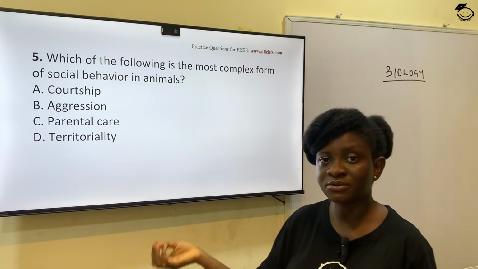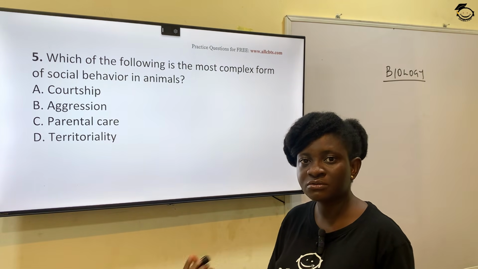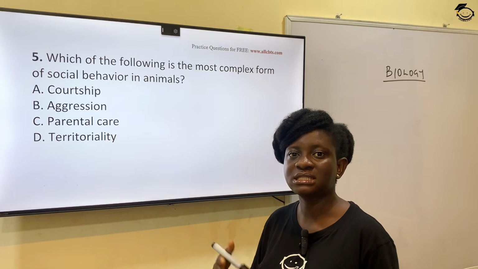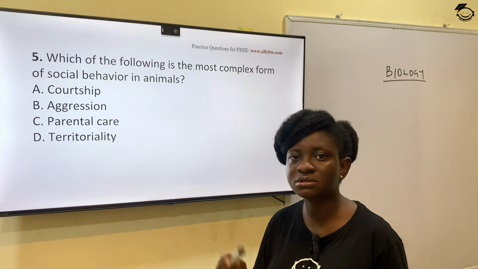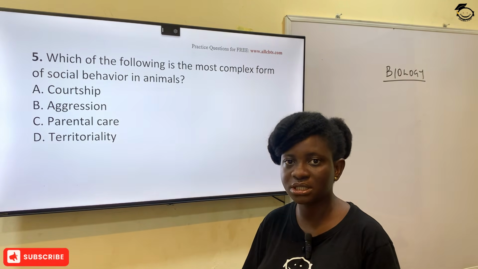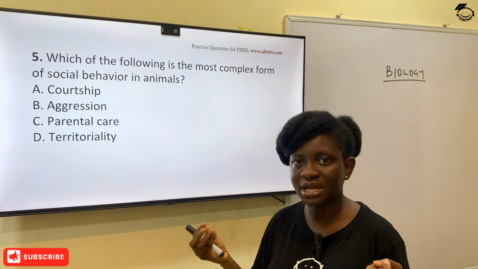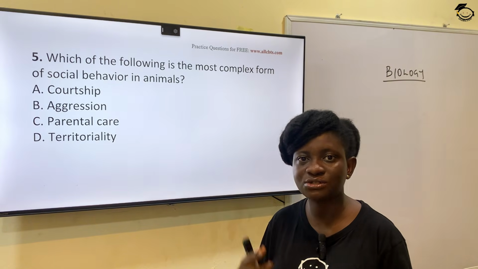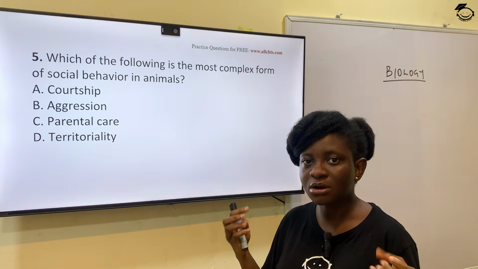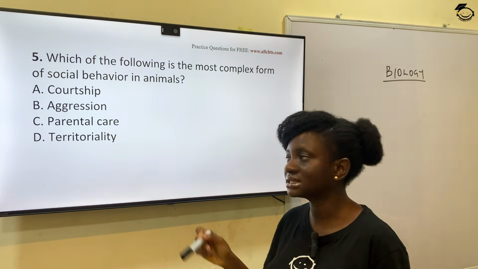The most complex form is parental care, because it involves parents caring for offspring in terms of support, protection, and training. It's a lot of multiple activities happening at the same time: you're trying to protect, provide, and train offspring. So it's complex. The correct answer is C, parental care.